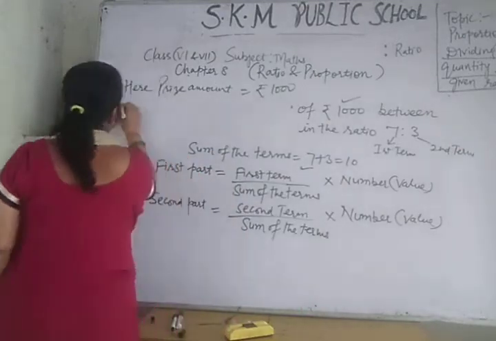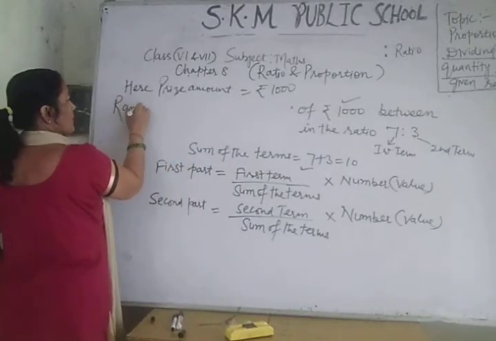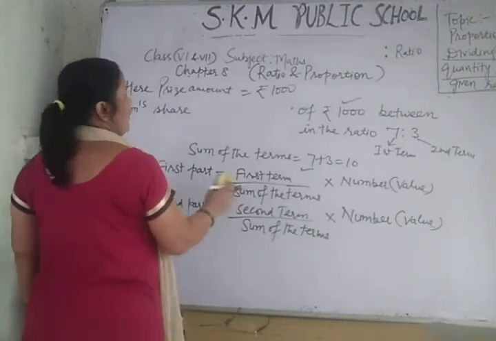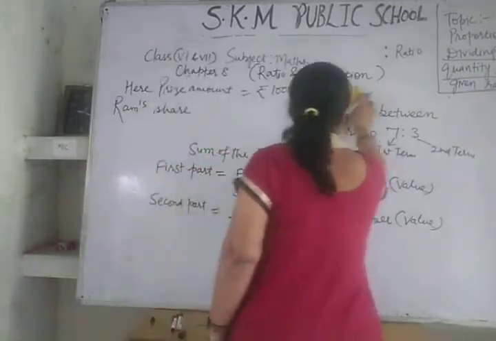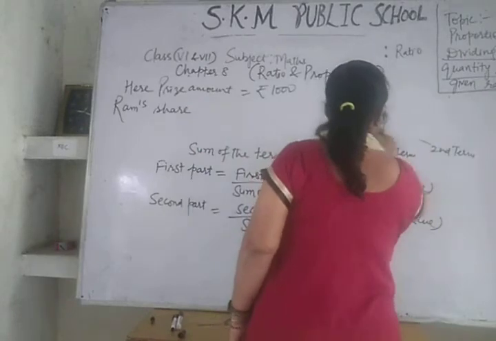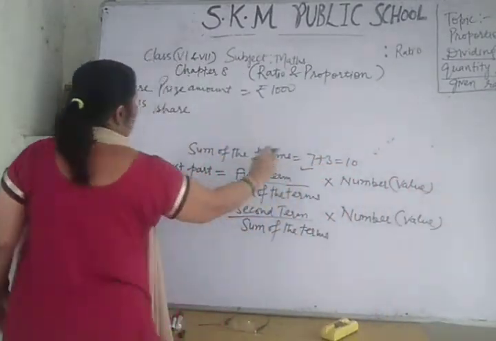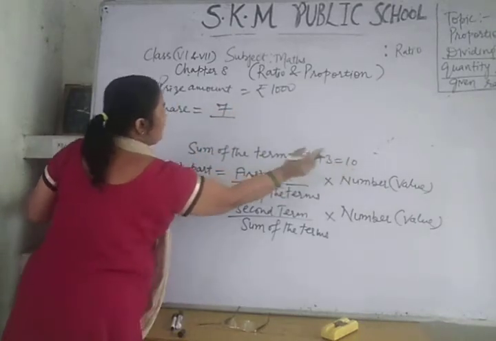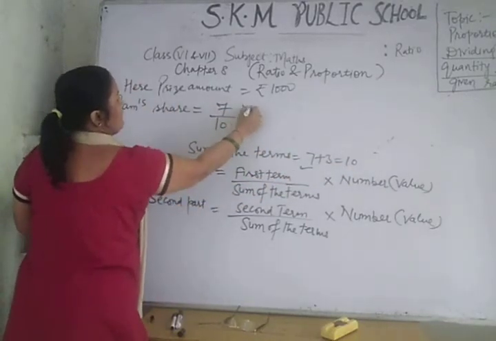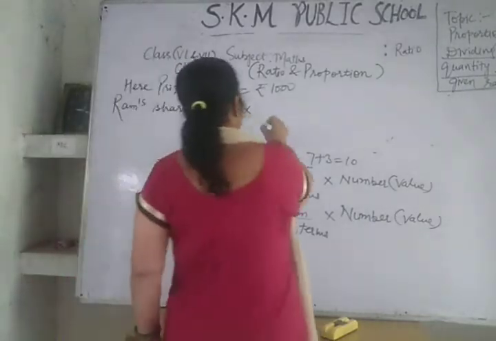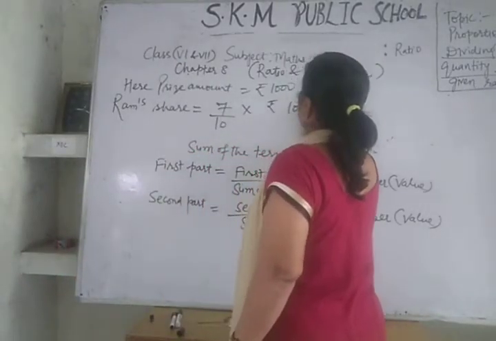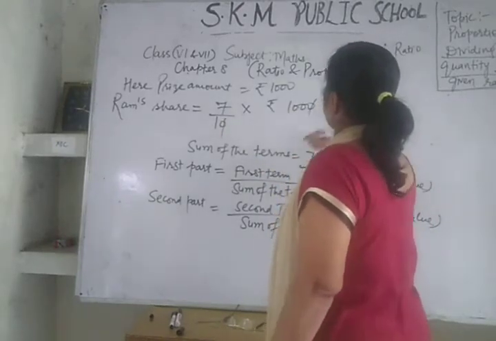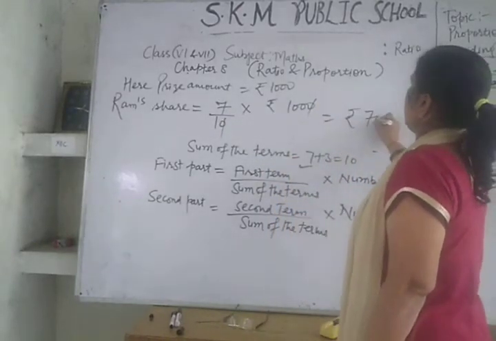So what will be his share? First term 7 divided by the sum of the terms, into the value, that is rupees 1000. Simplify 0 with 0, and it is rupees 700.